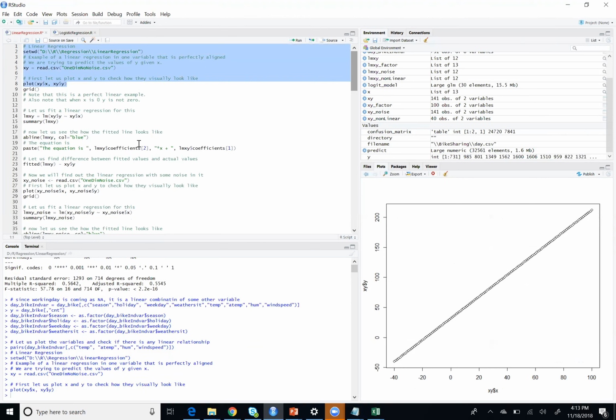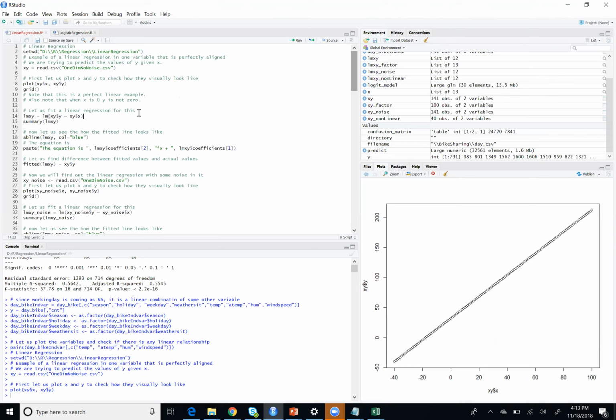The function is very simple. It's called LM, which is basically the linear model. So in linear regression fit, you use the function LM to fit your data between X and Y values. How do we do that?